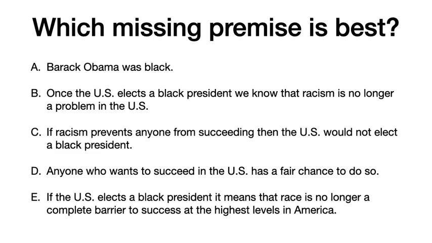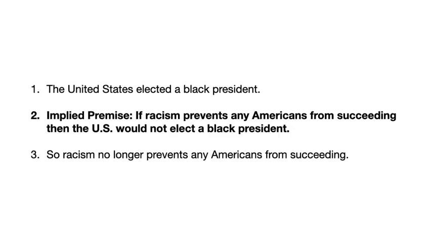Well, E says race is no longer a complete barrier to success at the highest levels in America. It could be perfectly true that if we elect a black president, race is no longer a complete barrier to success, while also being true that racism does prevent some people from succeeding, right? When we put E with 1, it would not give us adequate support for the conclusion.